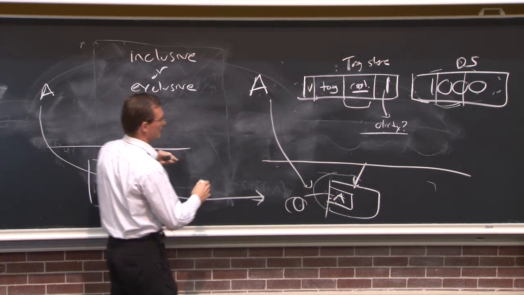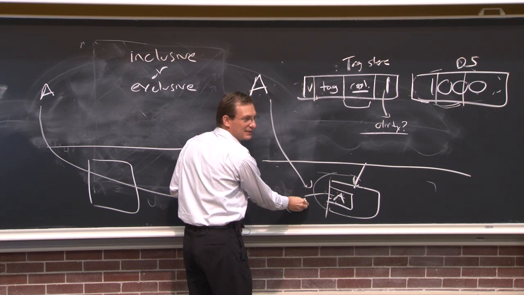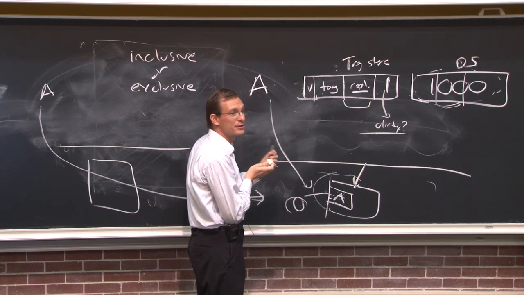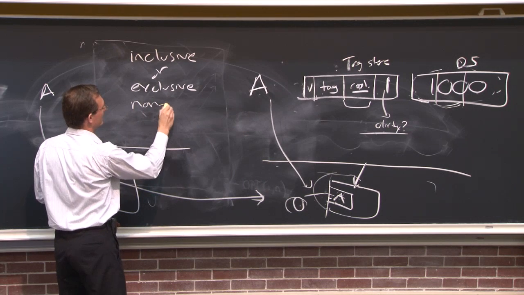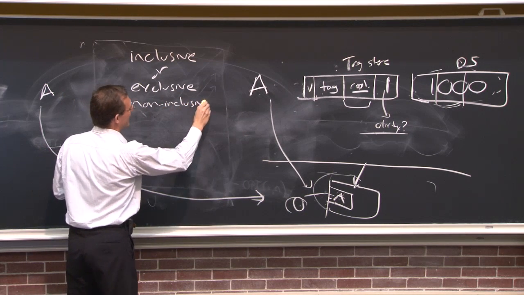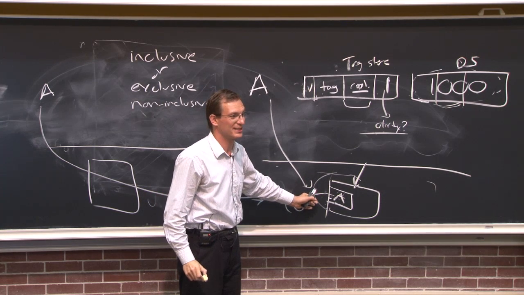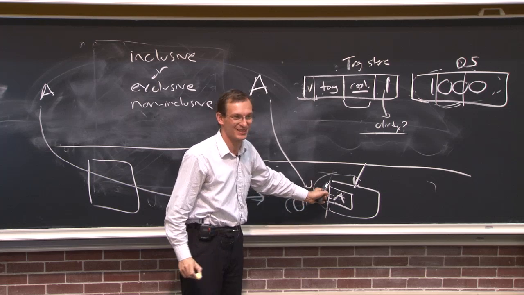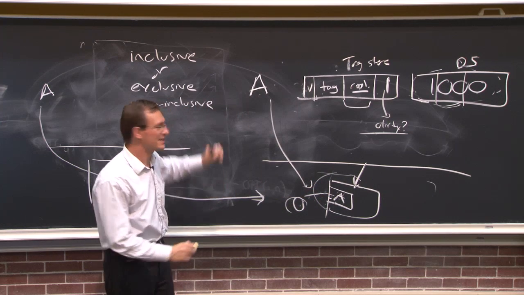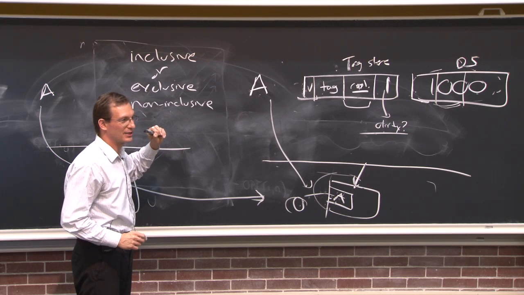Exclusive means exactly the opposite. If A is here, A cannot be here. They have exclusive contents. Now there's one other option, which is non-inclusive. You have no guarantees, basically. If A is here, A could be here also, but it's not guaranteed to be there, nor does it not have to be there. And these have effect on coherence that we will see later on.